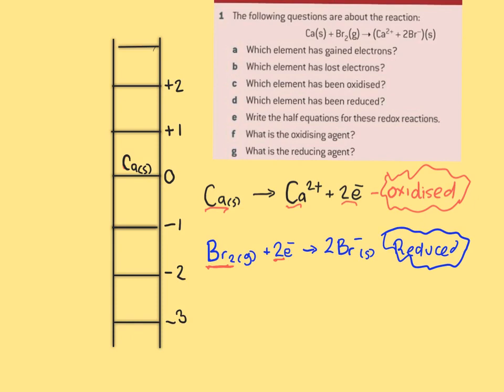So calcium goes up the ladder, donating its 2 E's to form calcium ions. And the bromine in this case has taken those 2 E's and it's gone down the ladder to form 2 bromide ions.